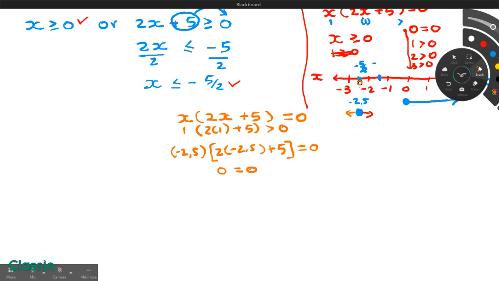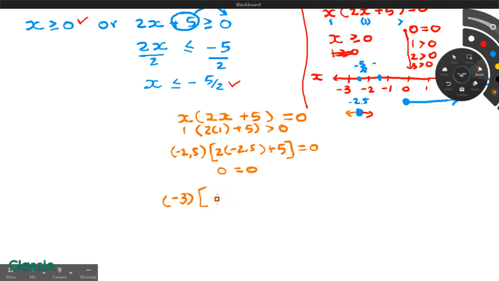So it means that because I know if I'm using -2.5, I'm going to get 0. If I use -3 or -2, will the answer be greater or less? Now let's check. Now, if I put -3, remember that the answer must be greater than 0.